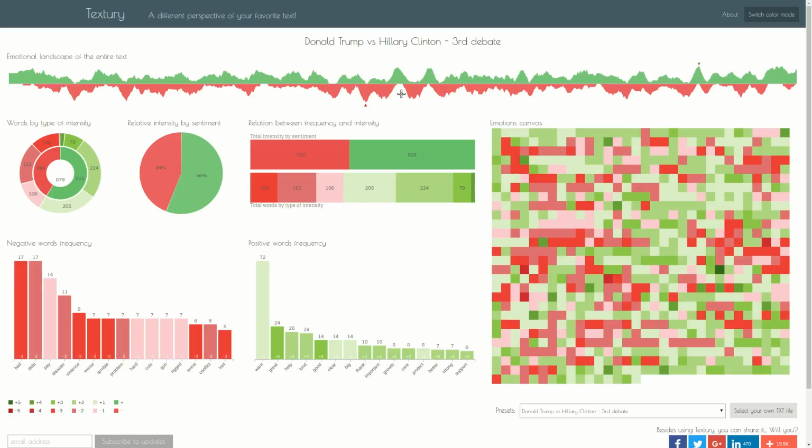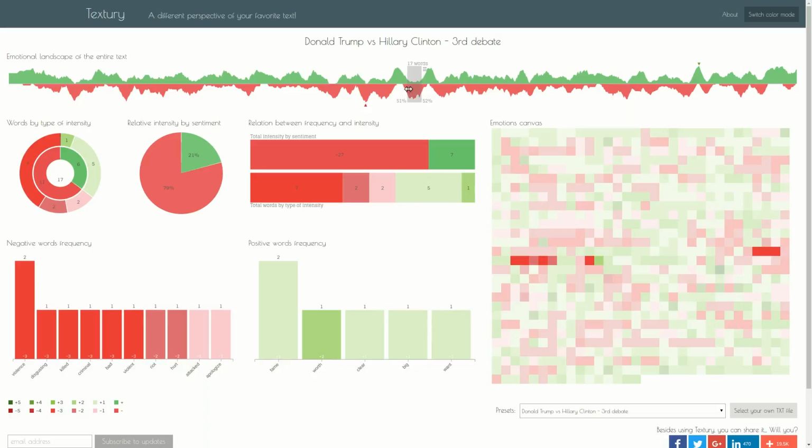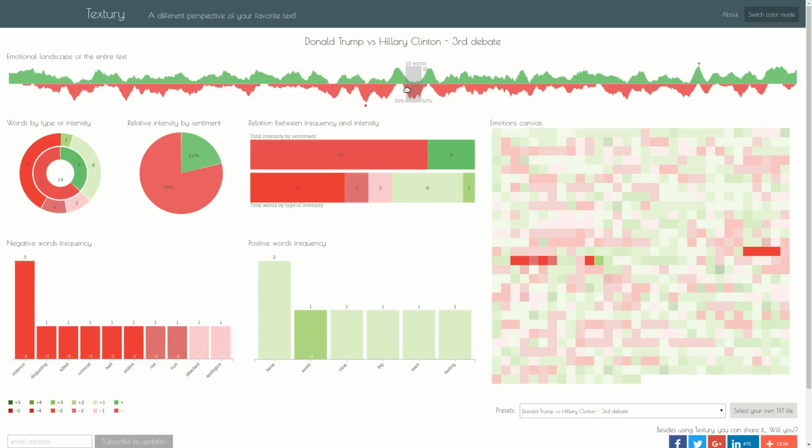And we can see it here as well. So I would like to take a closer look at this part of the text, and take note that the total intensity by sentiment is -38.